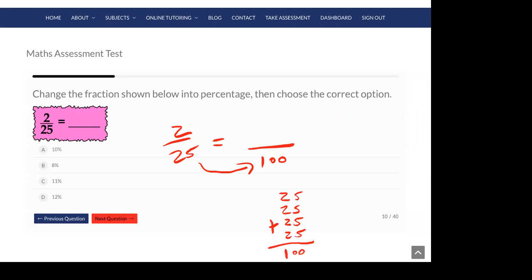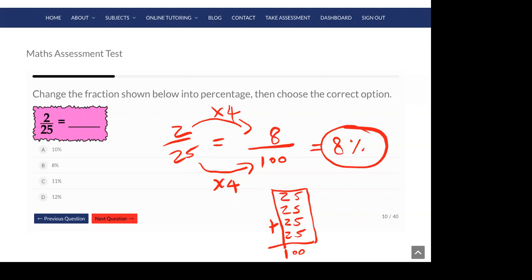So 25 times 4 is 100. And we times the top number by 4 again. So in this case, what's 2 times 4? Which is 8. And then we're going for 8%.